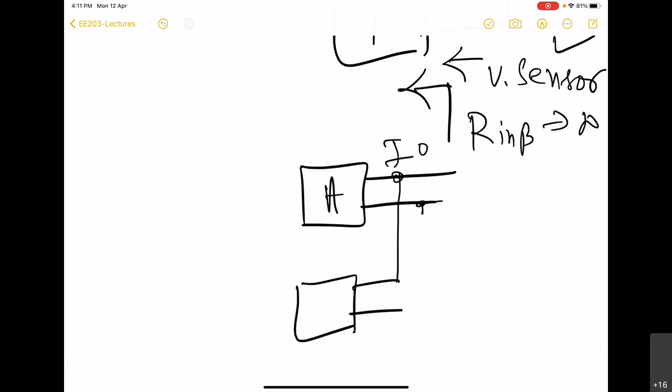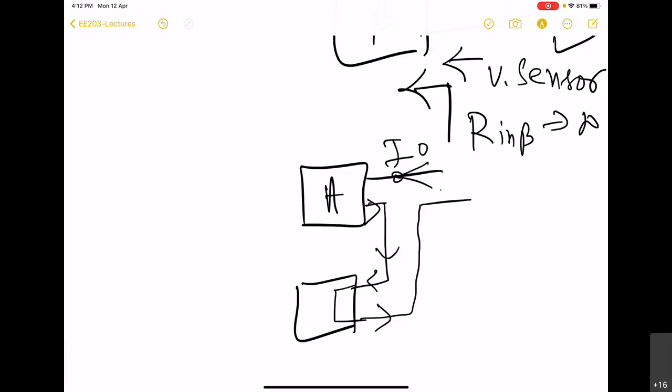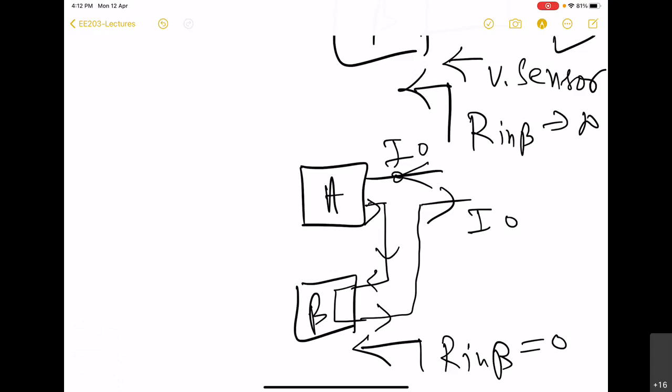Right, so its connection should be like this: the same current should flow through the beta network also, and it immediately points out that R in beta should be equal to 0. So we see that the impedance of this amplifier network dictates everything.